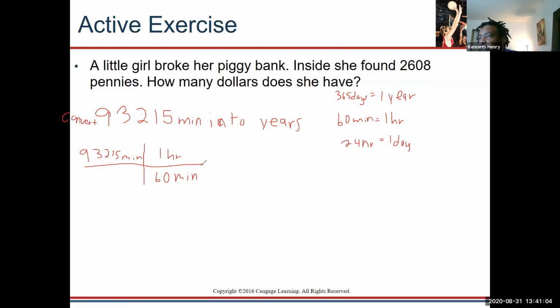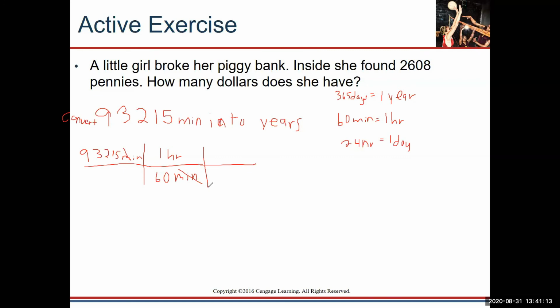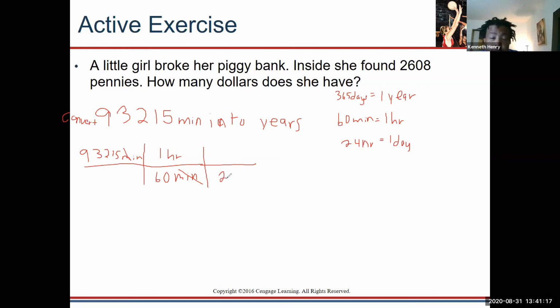Then what am I going to use next? So that cancels out my minutes. Now I have hours. Then you need to use the 24 hours at the bottom again. And then what am I going to put on top?